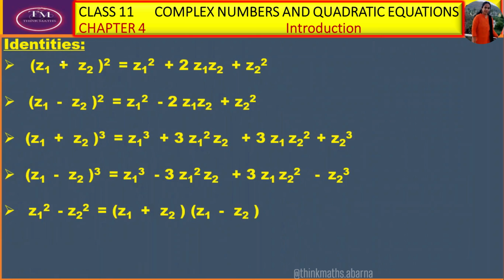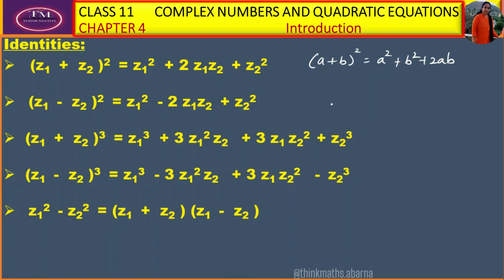So moving on to the next important topic, identities. It is very simple. Z1 plus Z2 whole square is Z1 square plus 2 Z1 Z2 plus Z2 square. You all know this formula: a plus b whole square is a square plus b square plus 2ab. The same formula.